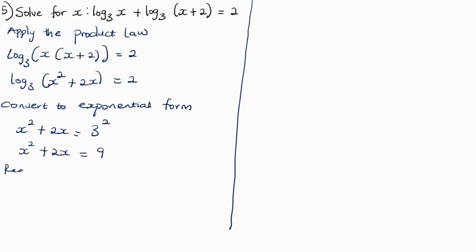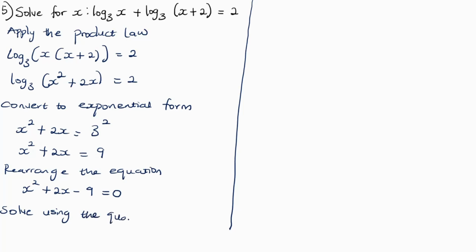Now simply rearrange the equation. If you rearrange the equation, this becomes x squared plus 2x minus 9 is equal to 0. So the next thing you want to do is to simply solve using the quadratic formula.